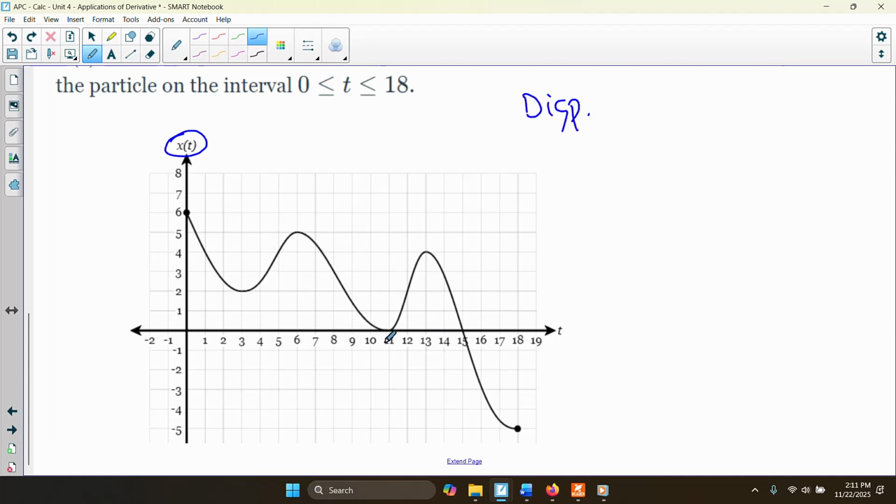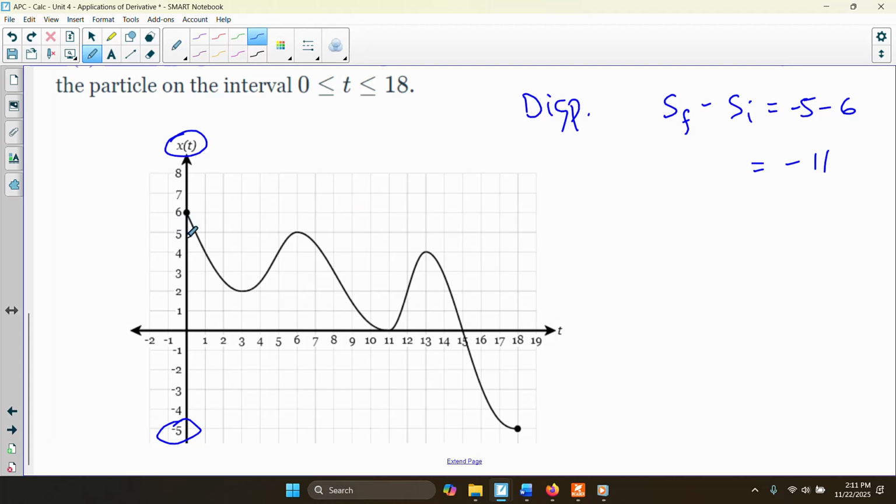The displacement will be simply s final minus s initial. The final position is, what floor is it on? Negative 5. So negative 5 minus, and it started with 6.